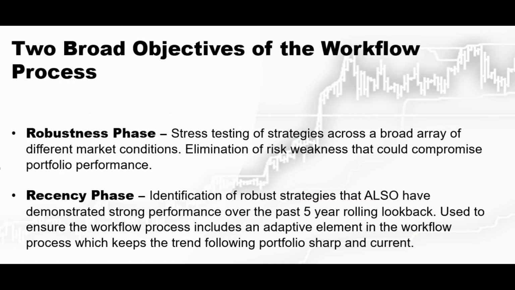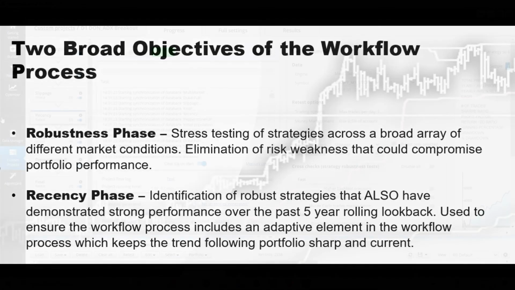Our recency tests use a 5-year look back from the current date to identify those robust performers that also demonstrate strong performance over that last 5-year period. So given that we annually undertake this workflow process, the recency tests progressively roll forward each year to ensure that our trend following models developed by this entire workflow process stay sharp and respond to prevailing trending conditions.